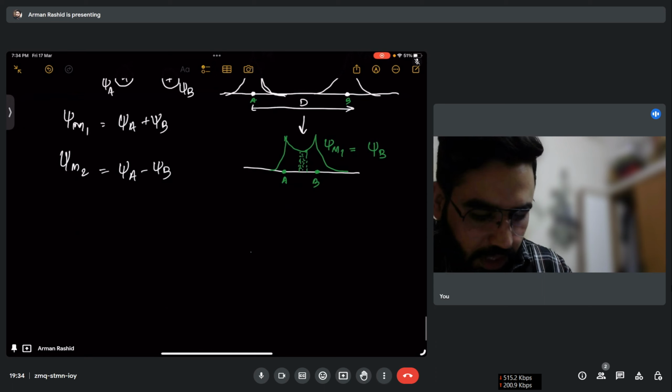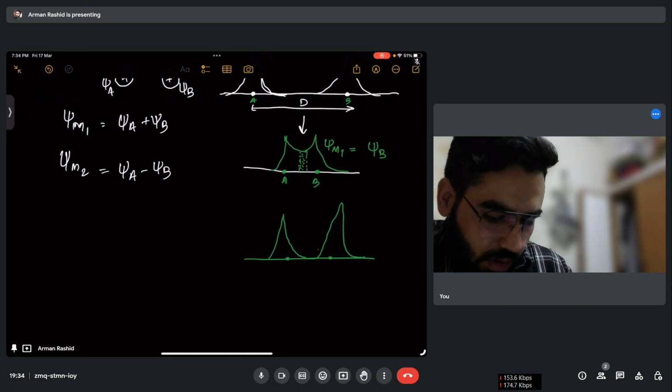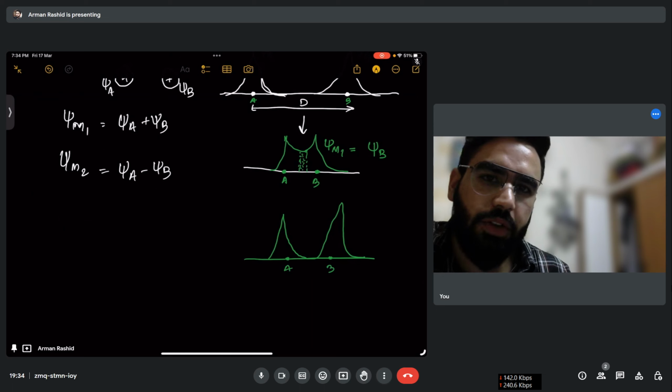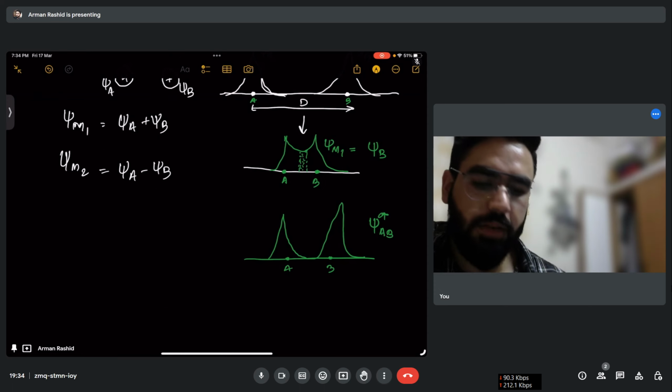In the opposite case, with the same separation, there will be zero electron density in between the nuclei. This is called an antibonding molecular orbital, or psi star.